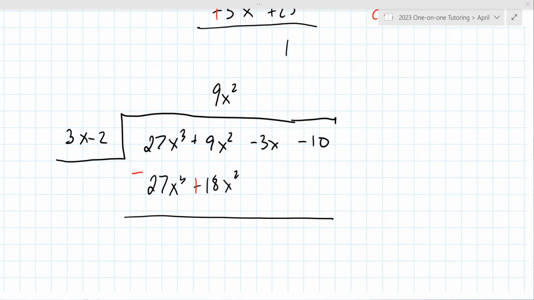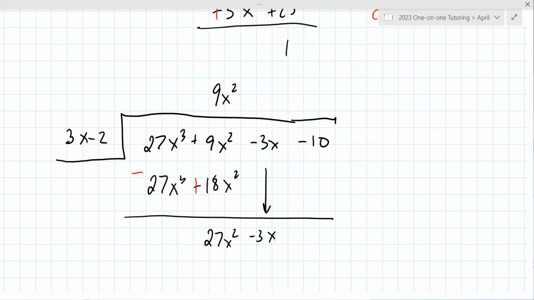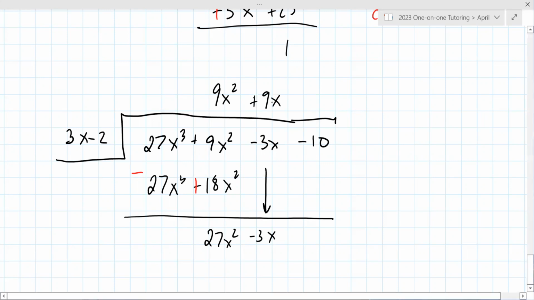So it's 9 plus 18. Yes, 27x squared, and then bring the minus 3x down. And then it would be another 9x. Good. Like positive 18x again?